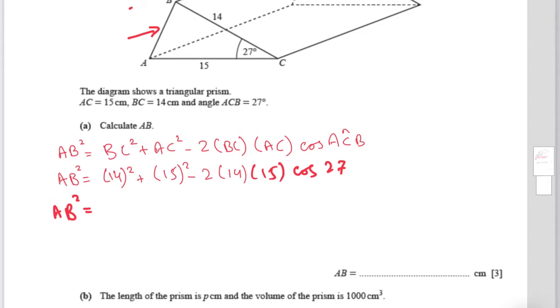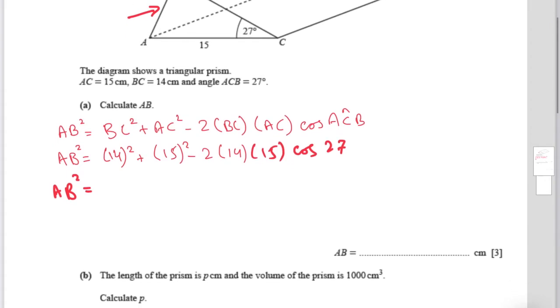14 squared plus 15 squared minus 2 times 14 times 15 times cos 27. Okay, what we get is, why did I put the root sign over there? We get 46.78.